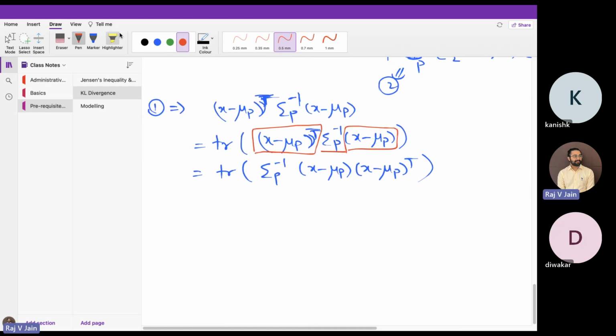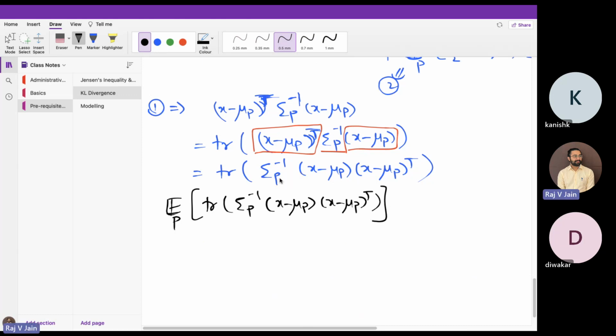Now, trace operator. If you think about it, I have integral of this, so expectation of this quantity. So I have expectation over P of this trace. By the way, this matrix is again a d cross d matrix, because it is d cross 1 into 1 cross d. We are taking its trace, so finally we'll get a scalar.